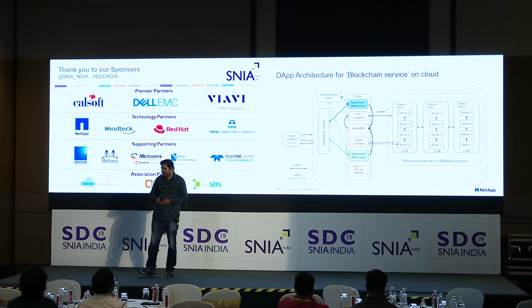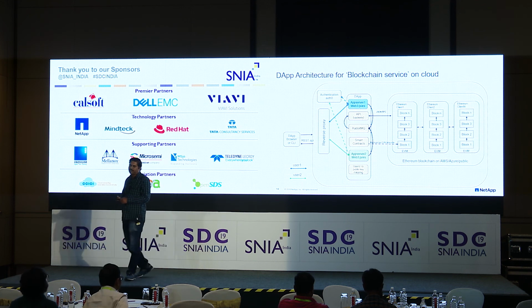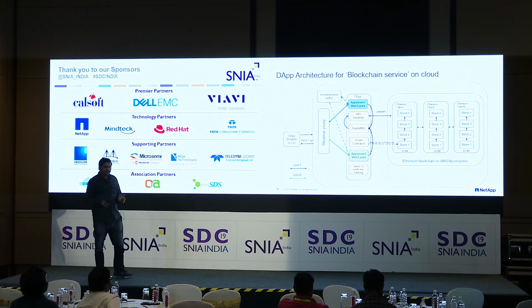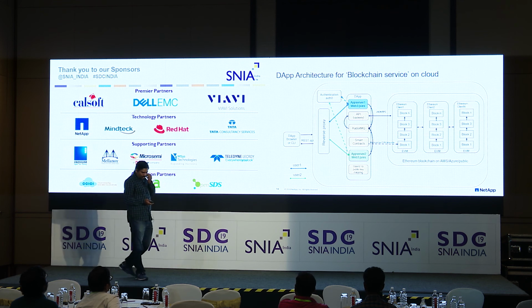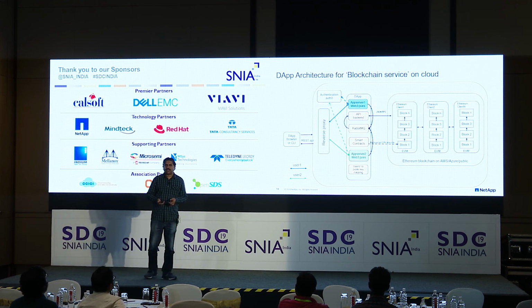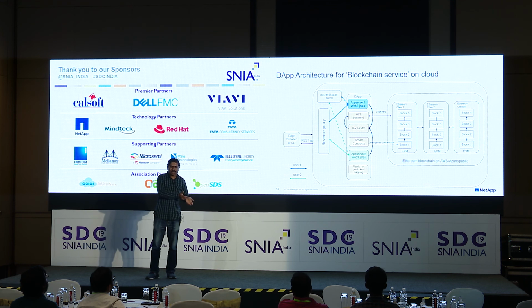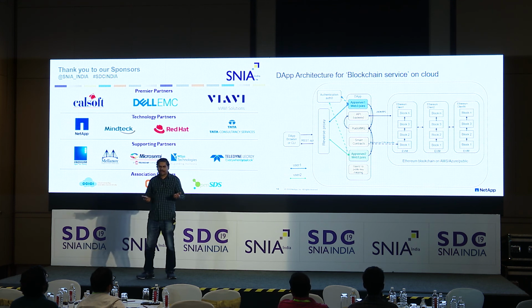So this is one of the DApp architectures that we developed in NetApp to see how we can leverage blockchain technology for some of the storage applications that we develop as end user applications for internal consumption.